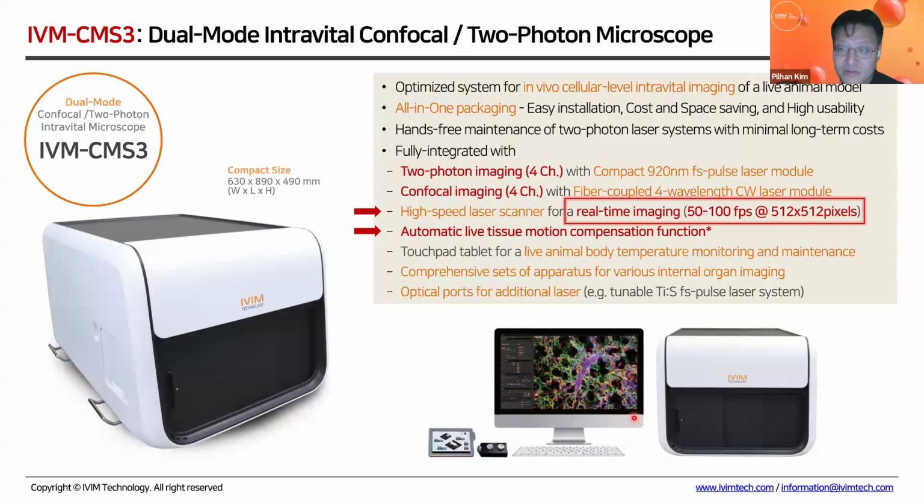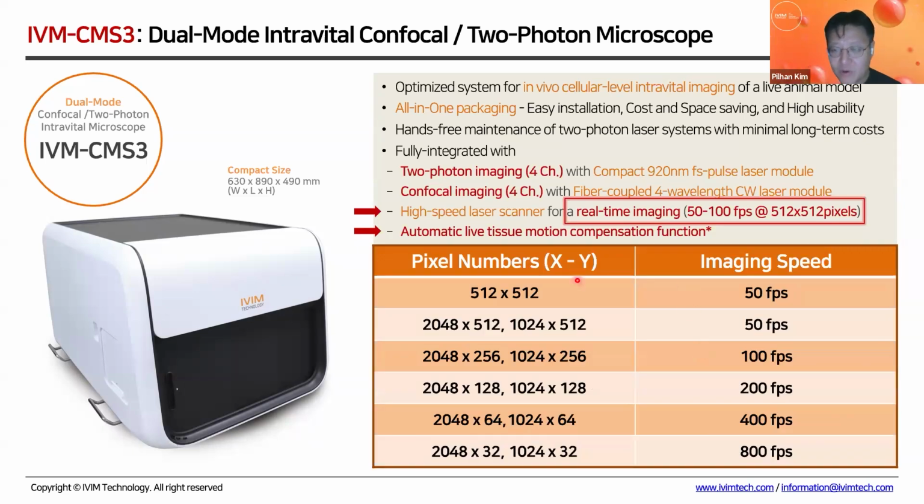Okay, and then I'd like to say another thing. Our microscope is capable of 50 frames per second as a default speed, and this speed is only limited by the number of pixels in the y-axis. So in other words, if you reduce this pixel number in the y-axis to 256, then our imaging speed will be doubled, to 100 frames per second, right?